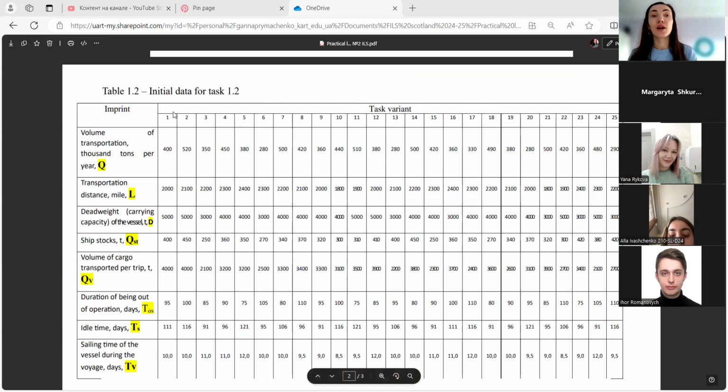For example, if you have first variant, it is 300,000 tons per year. If you have second variant, it is 520,000 per year. So add three zeros for your parameters on your variants, please.